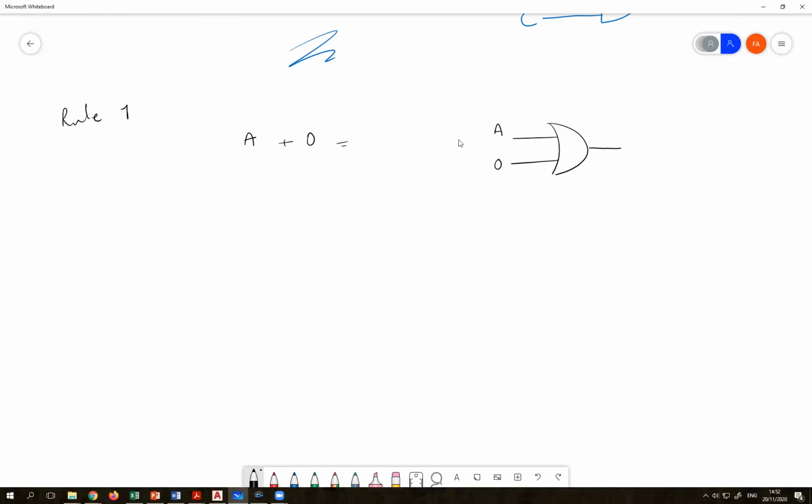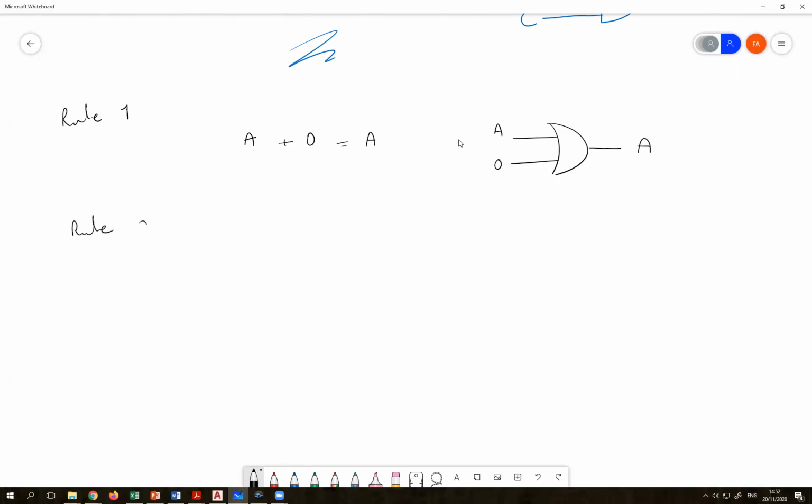What do we do? Look guys, it's quite important. A or 0, it's an OR gate. When one of the inputs is 1, we get 1. So if A is 0, we get 0. If A is 1, we get 1. So it totally depends on what A is. So A or 0 is equal to A.